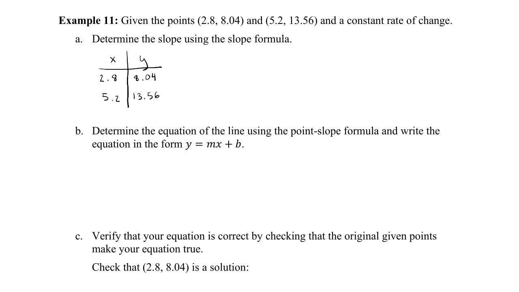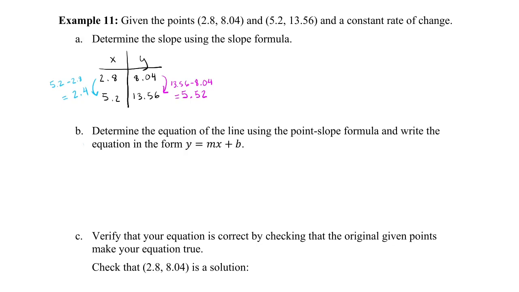We can say the change in y is 13.56 minus 8.04, which is absolutely a job for a calculator. It's going to be 5.52. The change in x is 5.2 minus 2.8, also a job for a calculator. That's going to be 2.4.